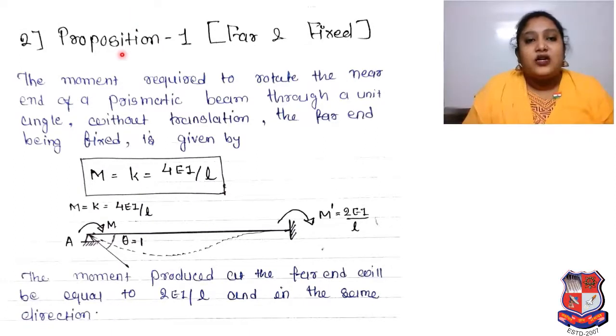Now the second important term is proposition 1, for far end fixed. The moment required to rotate the near end of a prismatic beam through a unit angle without translation, the far end being fixed, is given by moment M equal to stiffness k equal to 4EI by L. Whatever I have written here is mentioned in that beam: simply supported, fixed, which is the far end.